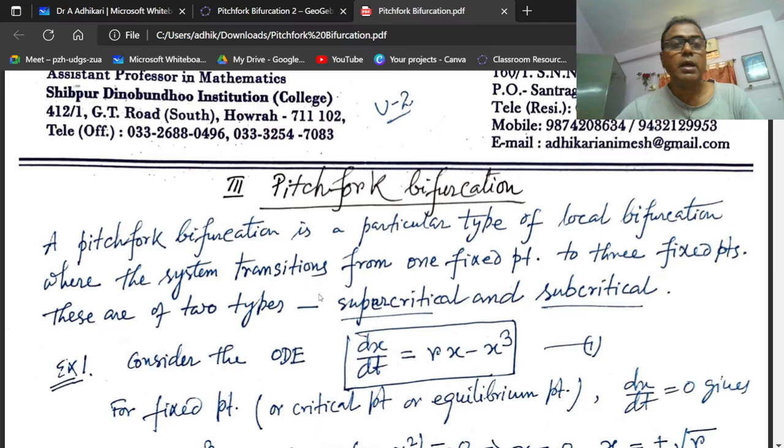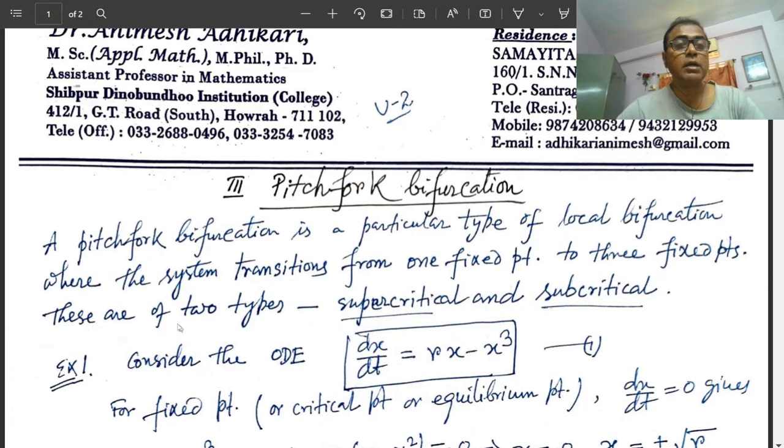These are of two types, supercritical and subcritical pitchfork bifurcations.